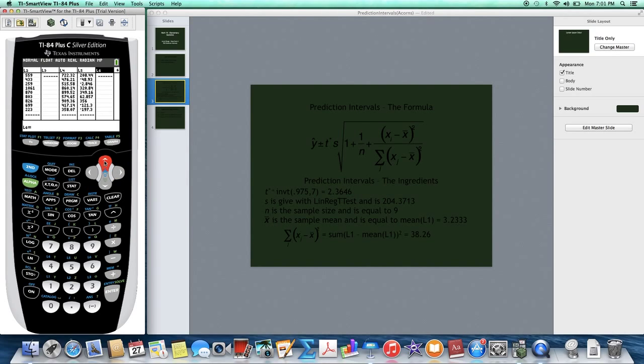Now we're going to do a similar thing in L6, but this time I'm going to do the plus to get the upper limits. So again, I put my cursor all the way up at the top and press enter.